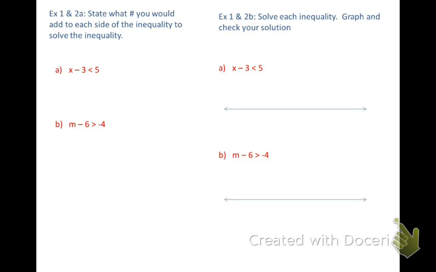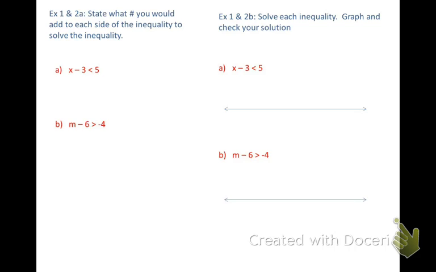Looking at examples 1 and 2a, all we're doing is asking you to state what you would do, add or subtract, to both sides to solve the inequality. If I want to get x by itself, I need to get rid of the 3, and it's subtracting, so we need to do its opposite.